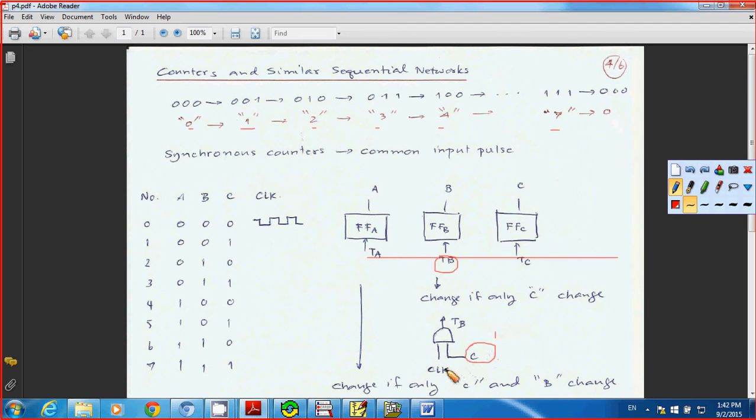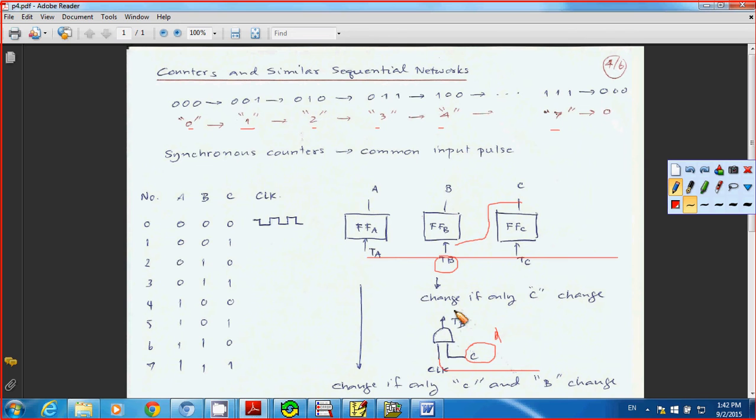Sorry, you already have clock here, but you also need to consider the logic from C. If your logic C is 0, it means no clock coming in C. You need C to be logic 1. That means the clock already input to the C flip-flop.